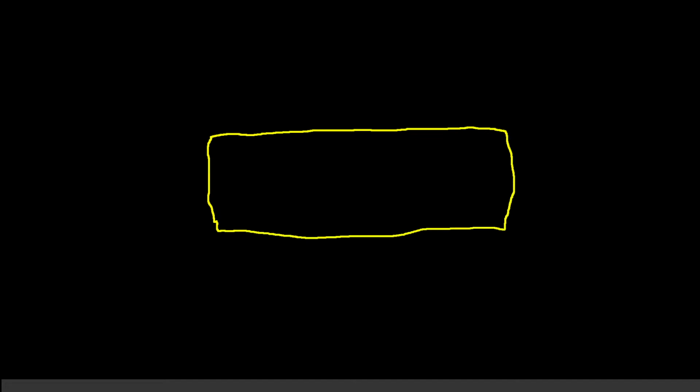I'd like for the button itself to have some sort of hover animation on it, so that when the user takes their mouse and hovers over the button, it does something.